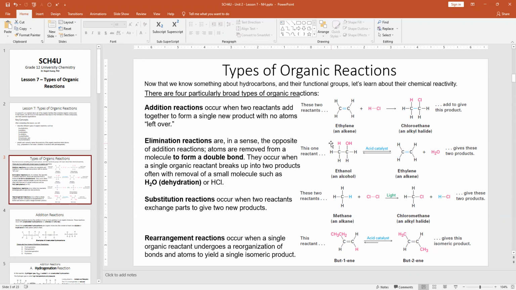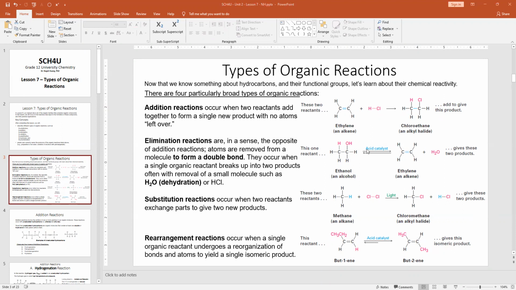Then you can also have elimination reactions. And you can think of these as opposite of addition reactions, where atoms are removed from a molecule to form this double bond.